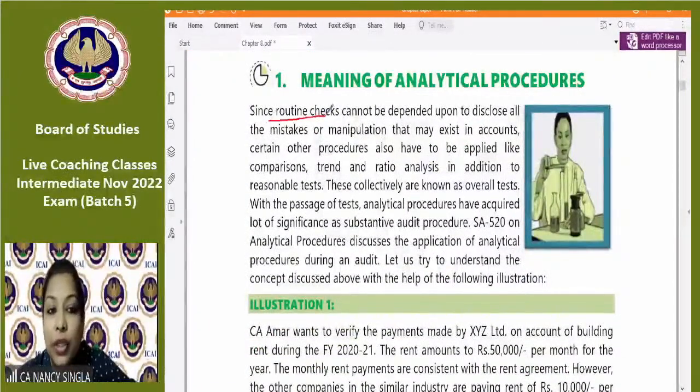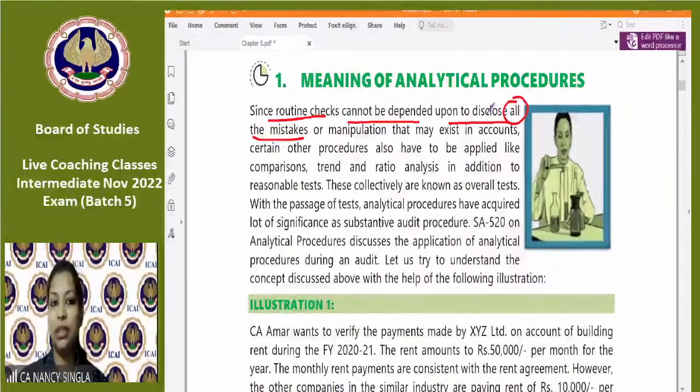So since routine checks cannot be depended upon to disclose all mistakes of manipulation that may exist, certain other procedures like comparisons, like ratio analysis, trend and reasonableness test.